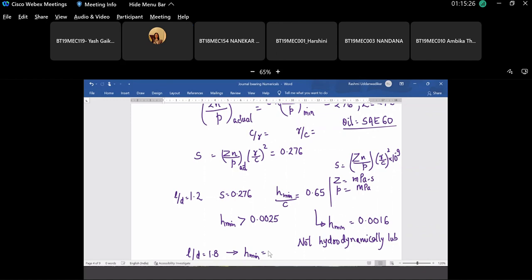So go with 1.7, 1.6. So we have to iterate for different values of L by D because that is the only thing that we have assumed. And the range for L by D is given as 1 to 2. What if you take L by D as 1.5?